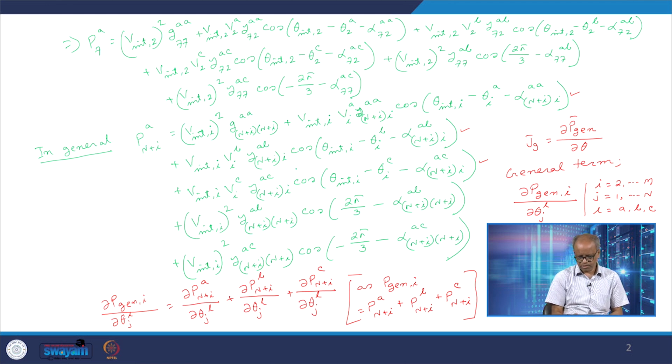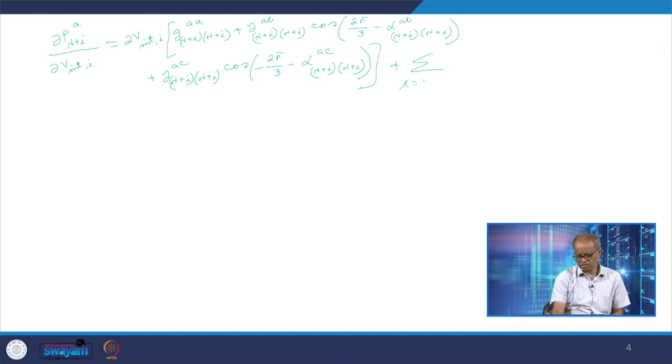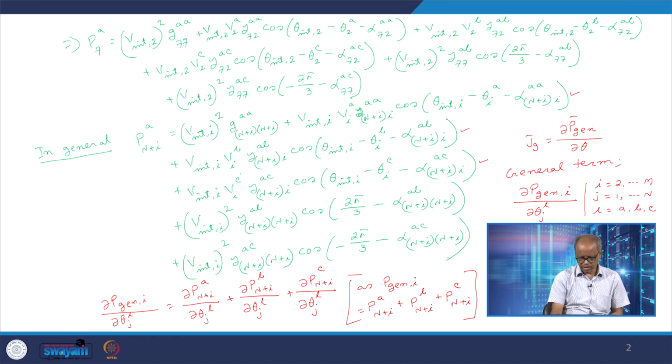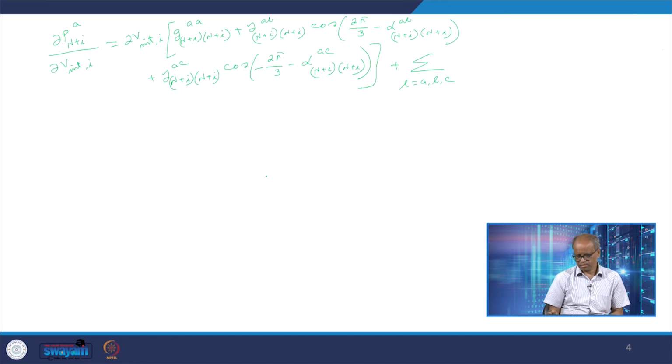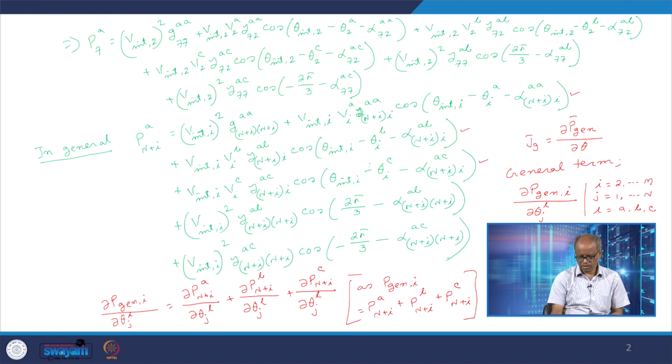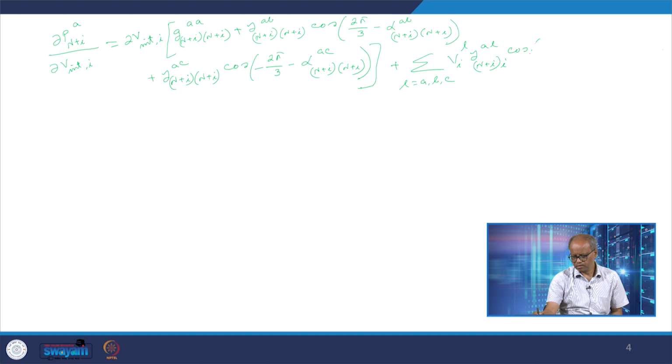Now, there are also another 3 terms, but those we can write down using a summation term, plus L equal to A B C of V internal I, V I L, Y n plus I A L, cosine of theta internal I minus theta I L minus alpha n plus I A L. So that would be the term.